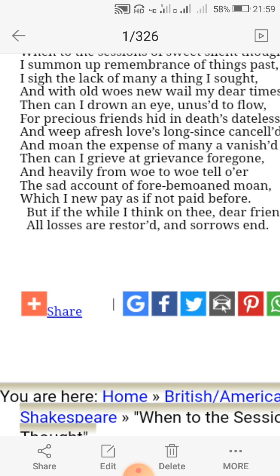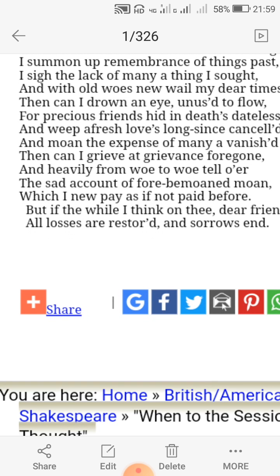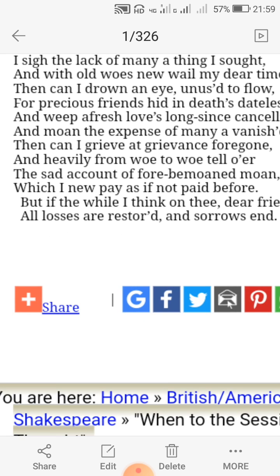The sad account of fore-bemoaned moan. He takes the remembrance of his past, which was unsuccessful, which was full of sorrows.